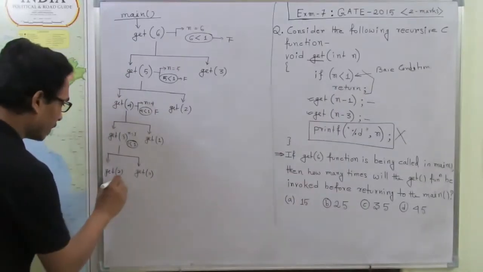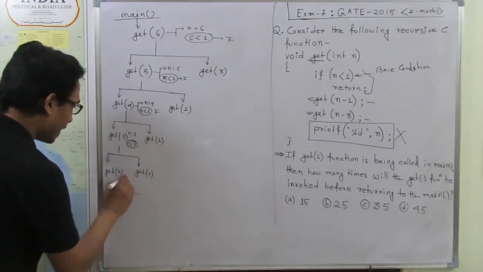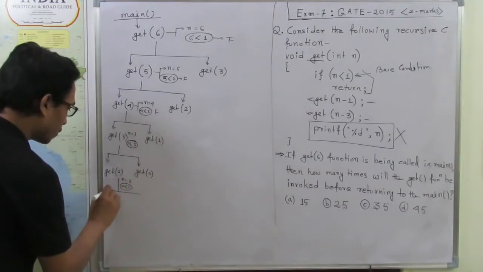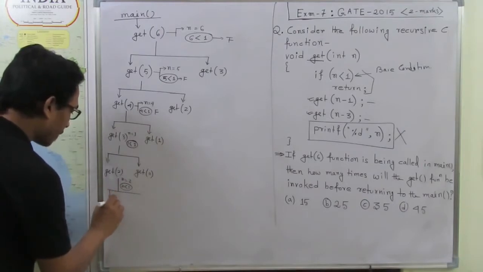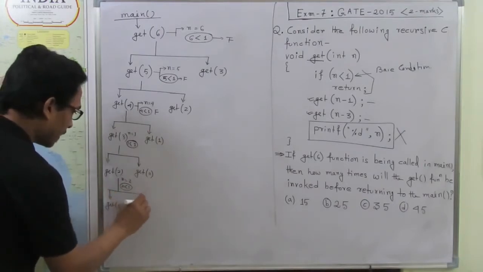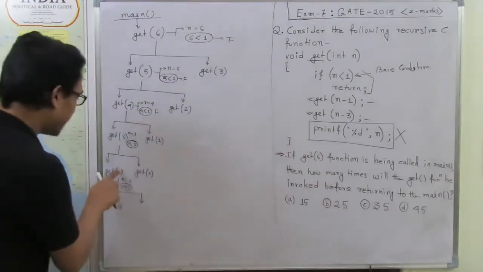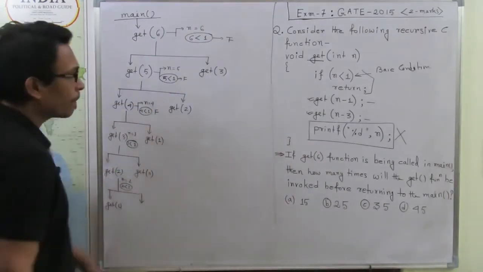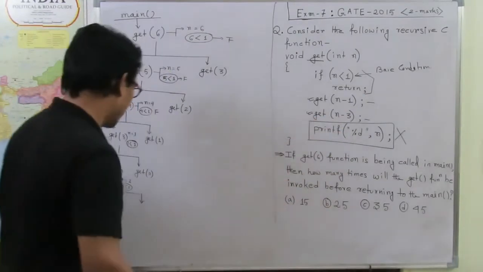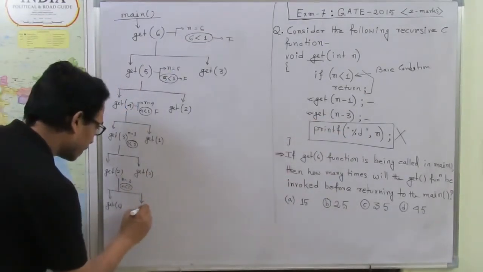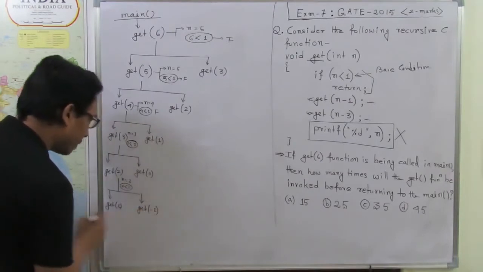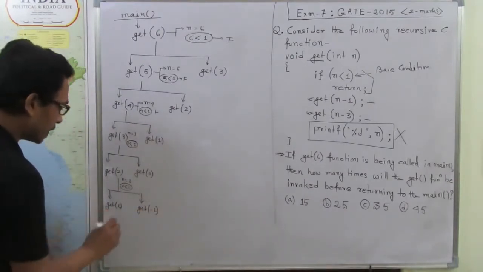Now for this one, here n is 2, 2 less than 1, this one is false, so we get get 1, and the other one, 2 minus 3, that means get minus 1.